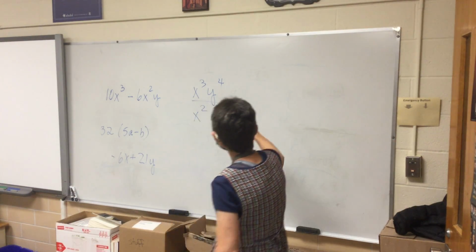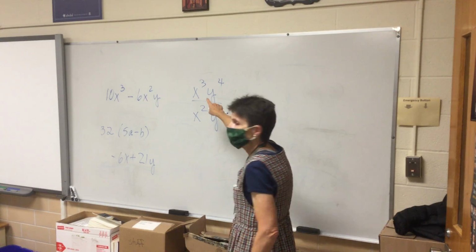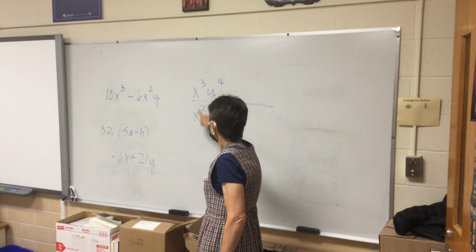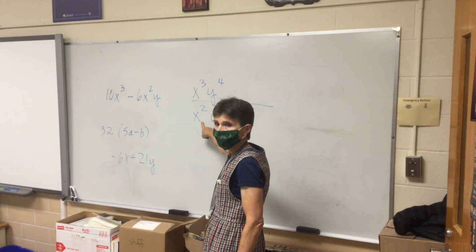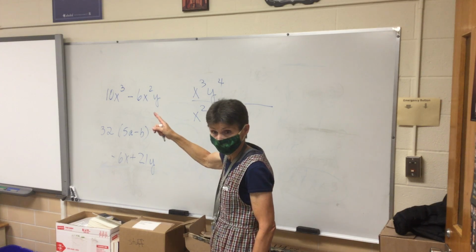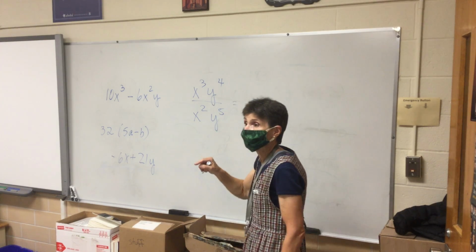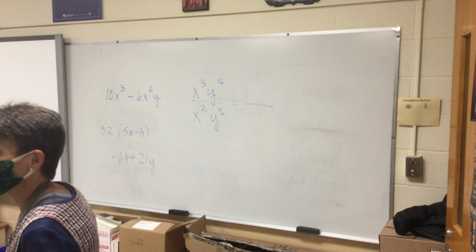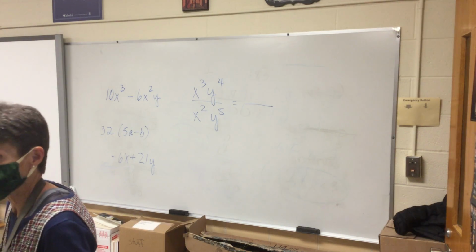So on the top, we have 3 x's, and on the bottom, we have 2 x's. So they will cancel and leave me with an extra x. Where? On the top or the bottom? The top, because that's who has more.